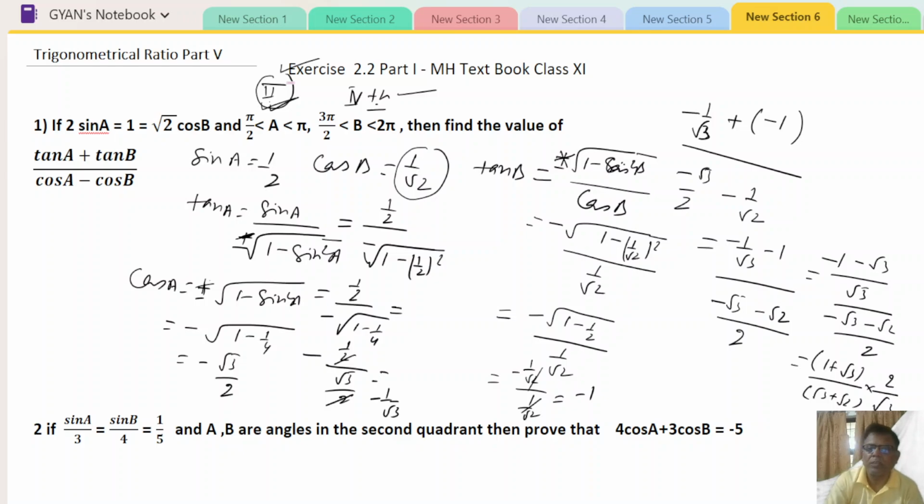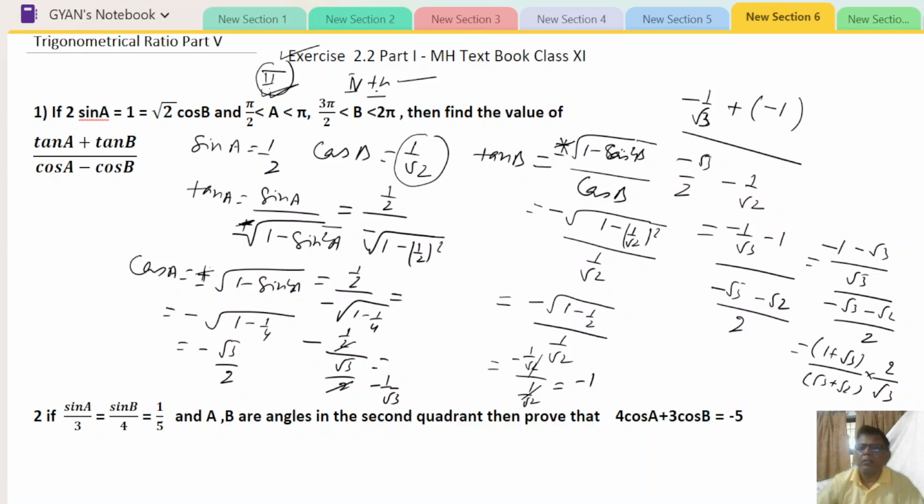This you can solve by the LBH method also. So what is LBH? Sin is equal to half, so it will be in this quadrant, where H is positive and B is negative.